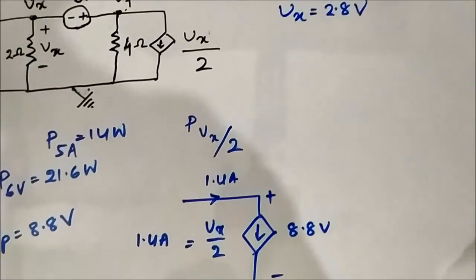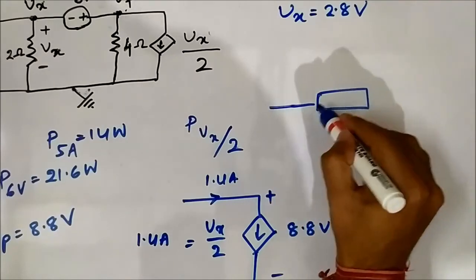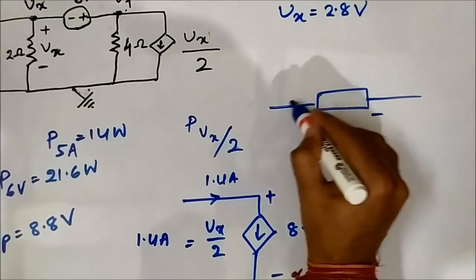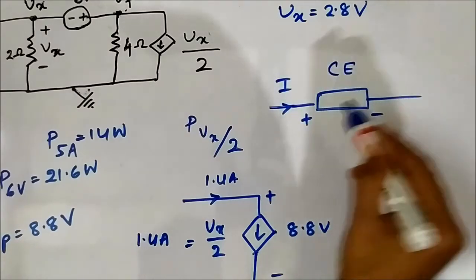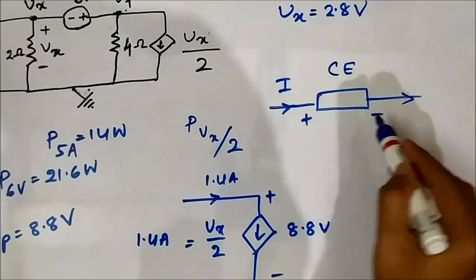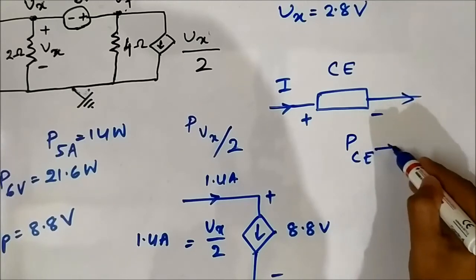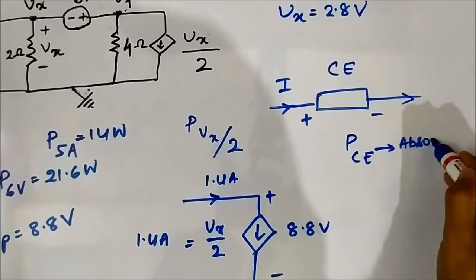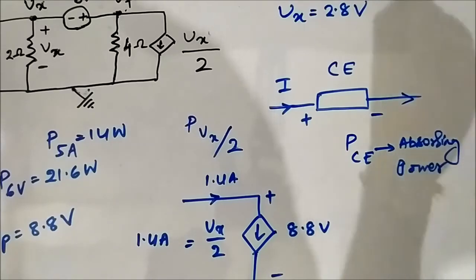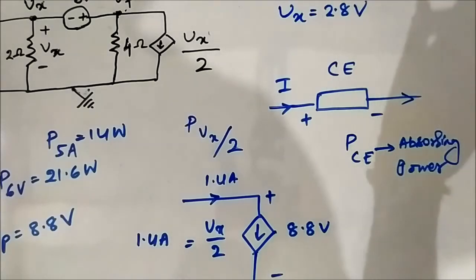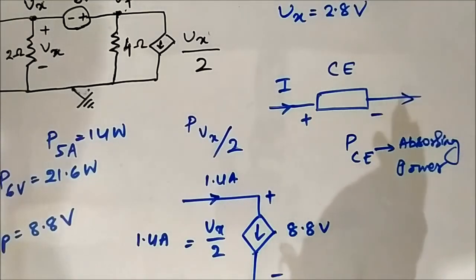I have always told you that when current flows through any circuit element from positive to negative internally, it means that this circuit element is absorbing power. Power absorbed is always negative. It is always written in a negative way.